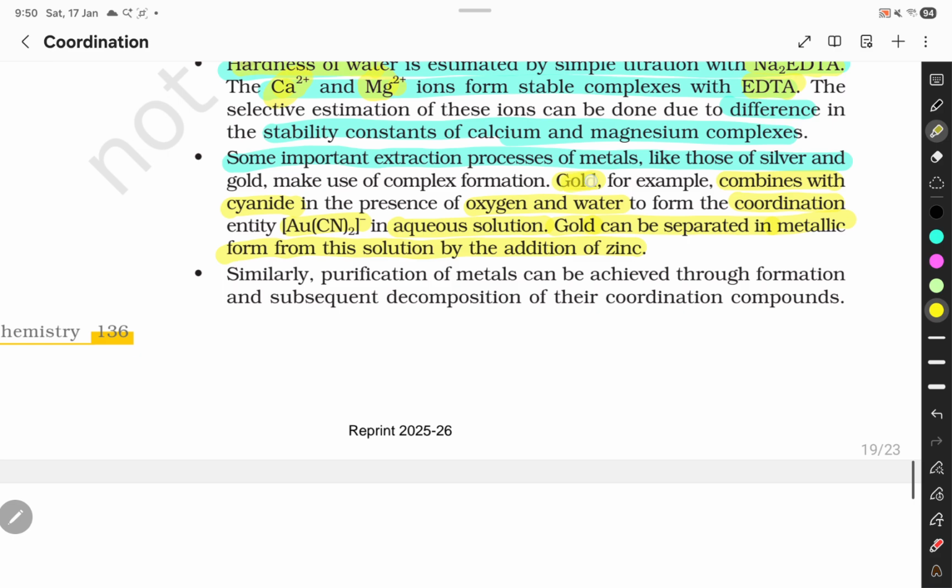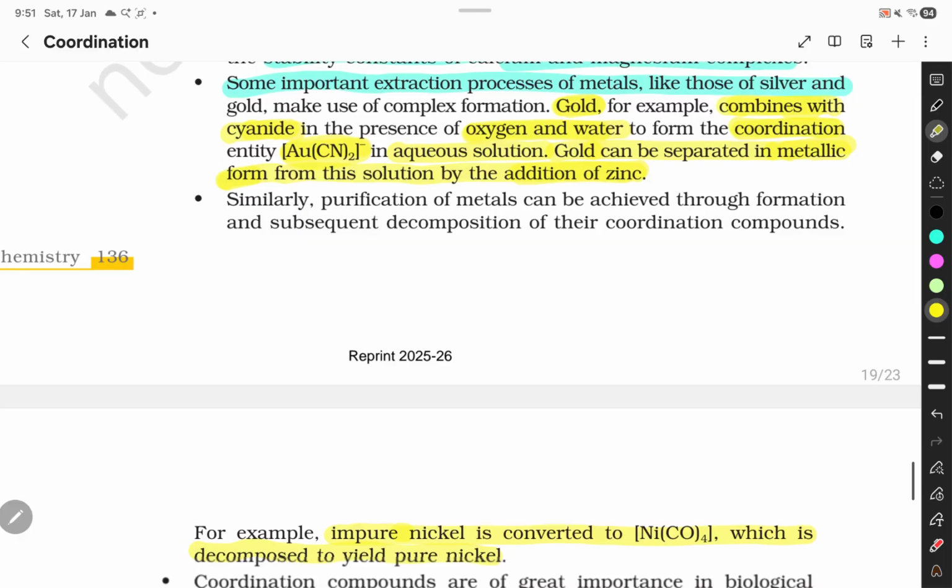Gold combines with cyanide in the presence of oxygen and water to form [Au(CN)2]-, and it can be separated in metallic form from the solution by addition of zinc. That makes it easy to extract gold.